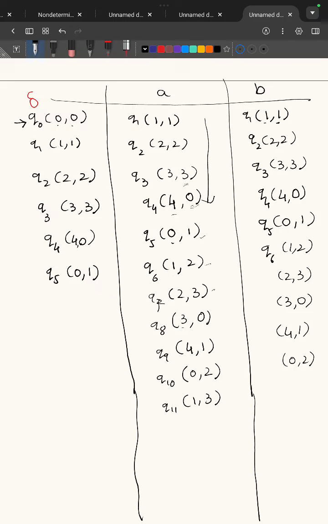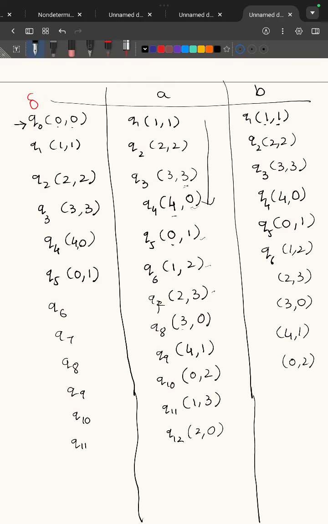This is Q11. So we have Q6, Q7, Q8, Q9, Q10. Now we are exploring Q11. So I will just add 1, obviously 2 comma 0. So that will become Q12.